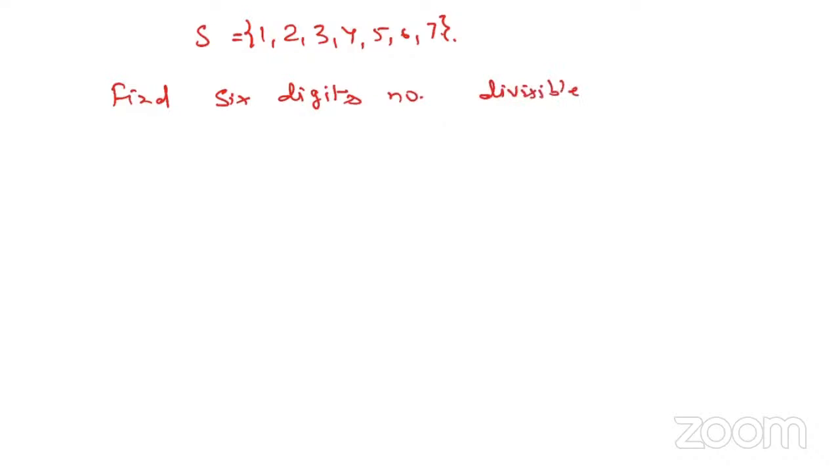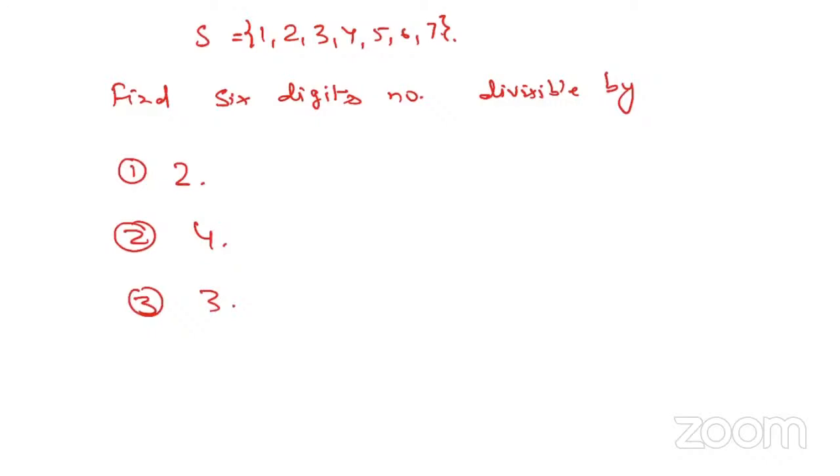We are given the 7 digits 1, 2, 3, 4, 5, 6, and 7, and we have to find a 6-digit number divisible by 2 in the first case, 4 in the second case, and 3 in the third case. We have 3 questions.